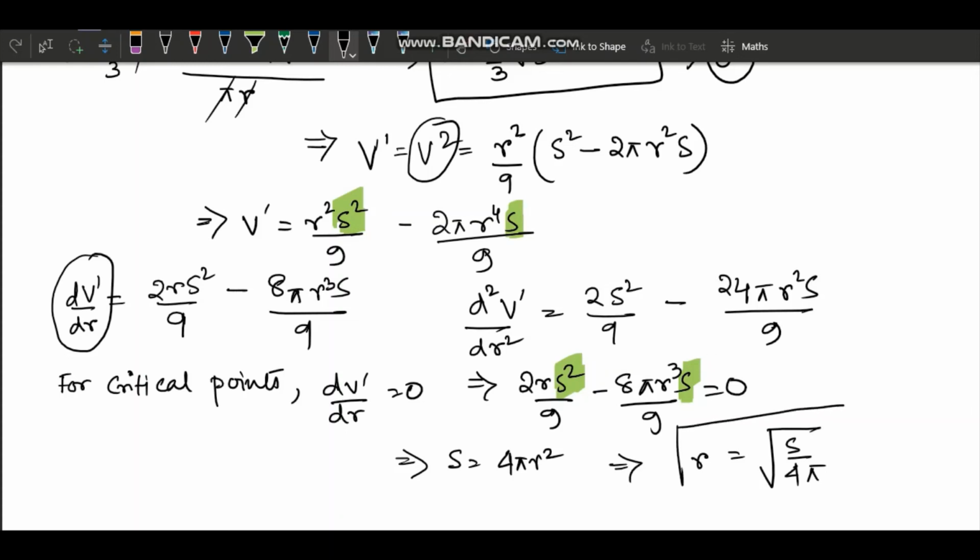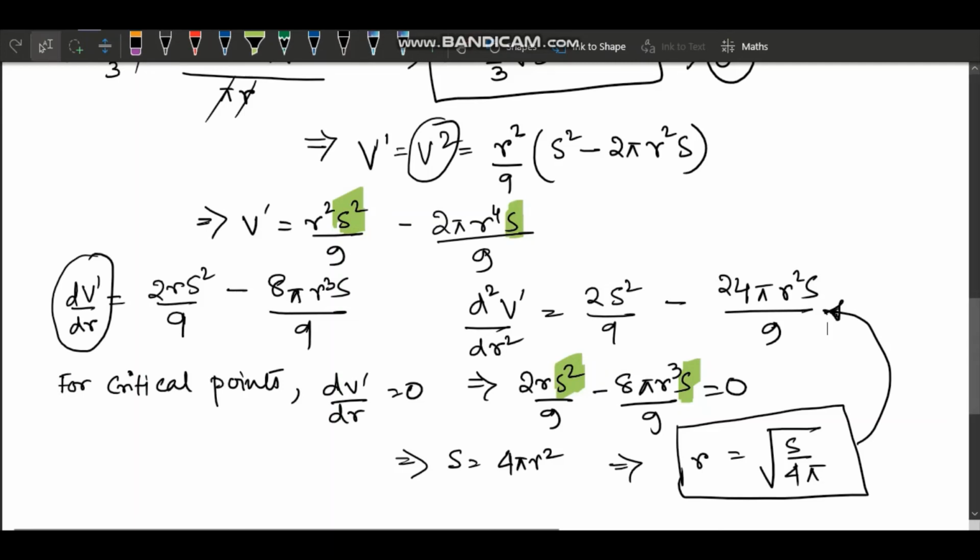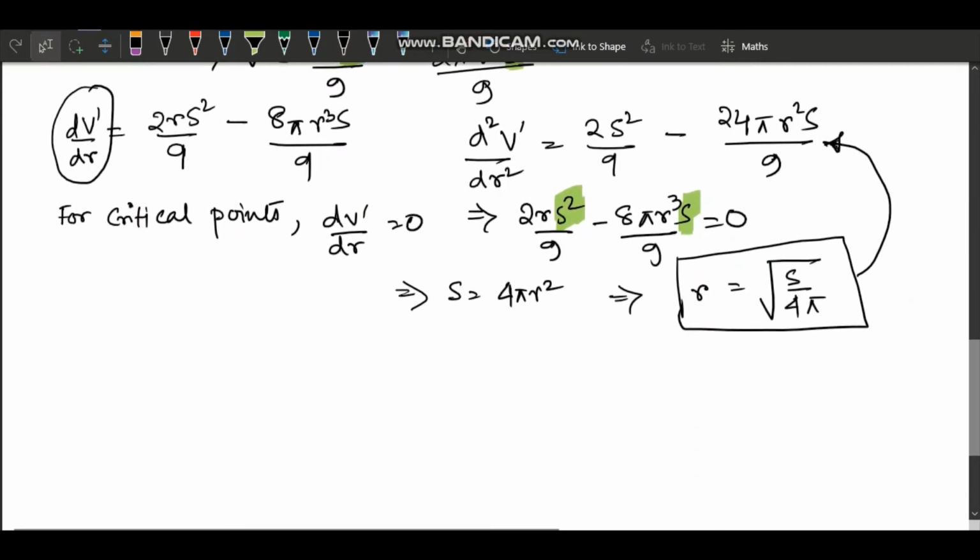Now we have to check for the value of the second order derivative at this value of r, whether this is coming out to be negative. So in the second order derivative, we substitute for r.